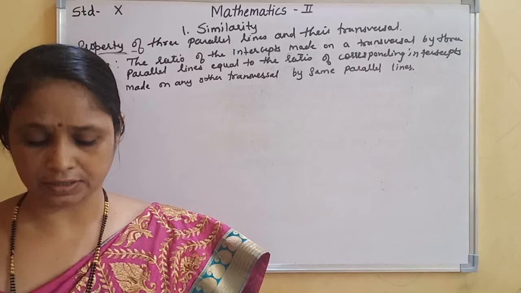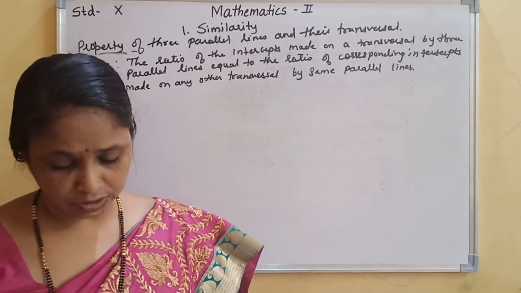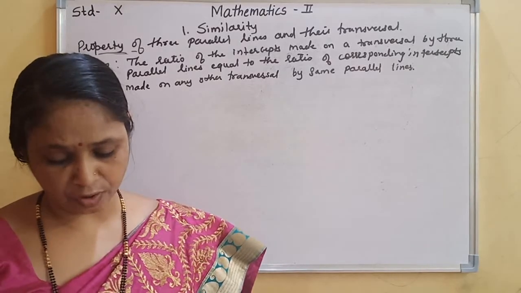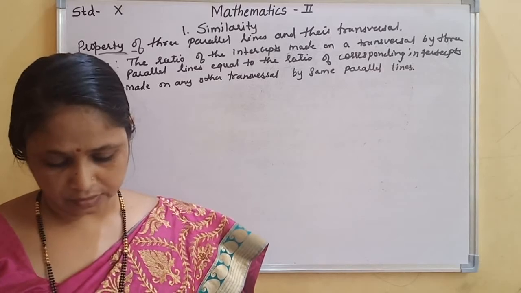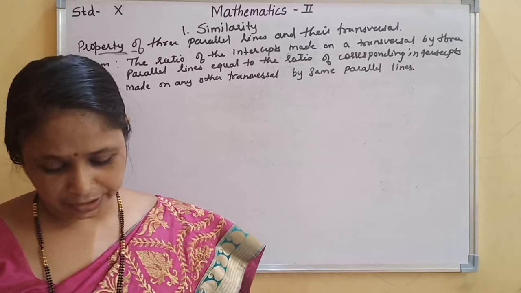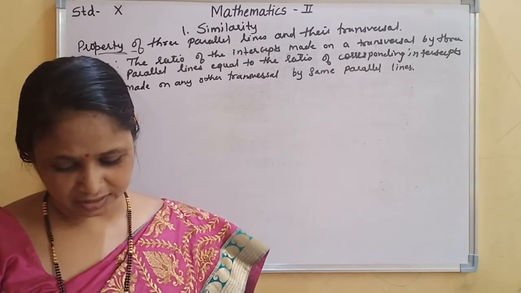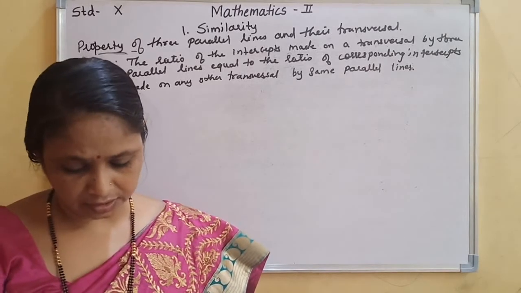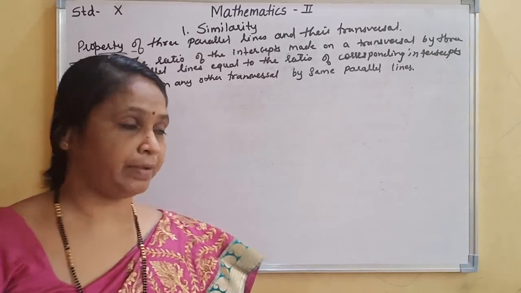We have to draw the three parallel lines. The ratio of the intercepts made on a transversal by three parallel lines is equal to the ratio of the corresponding intercepts made on any other transversal by the same parallel lines.